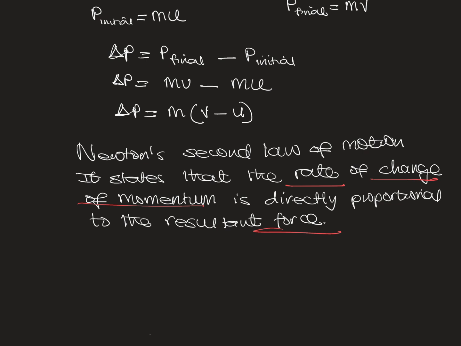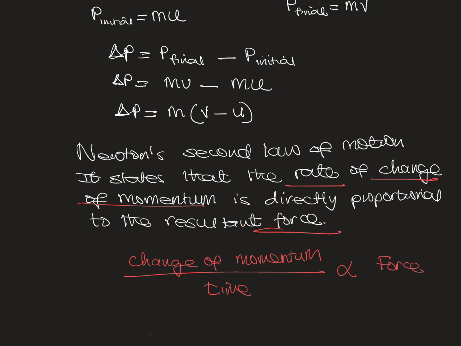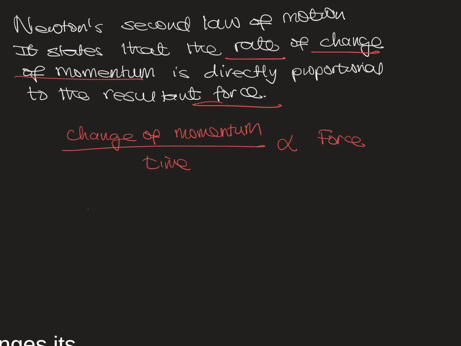Okay, so if you are dividing anything by time, that is what we call rate. So that is the change of momentum divided by time, which is directly proportional to the resultant force. So I can represent this as delta P, which is the change in momentum, divided by the time t.